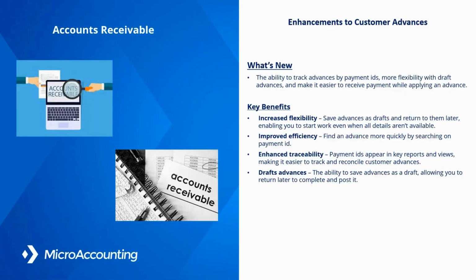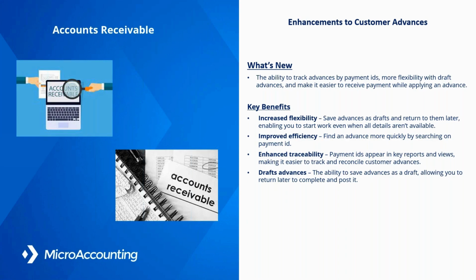Just some other areas that I didn't define too much, but wanted to at least bring to our attention. They're really doing a lot around advances. Sometimes it might be hard to find an advance, and so now they've brought the ability to track an advance by a payment ID.